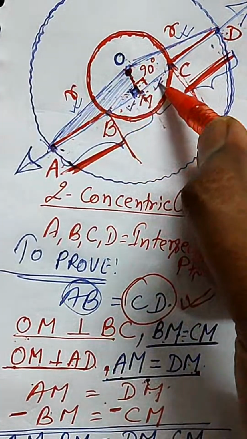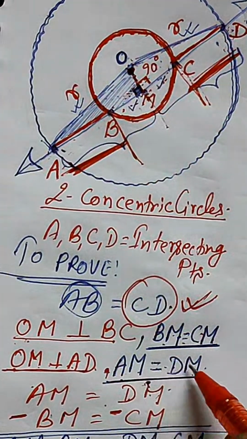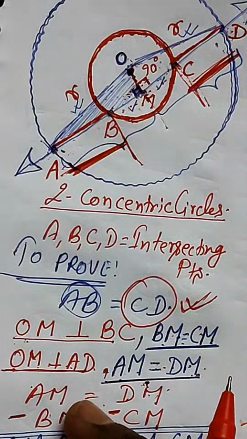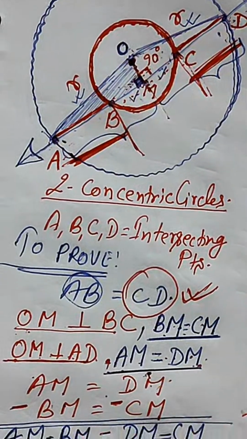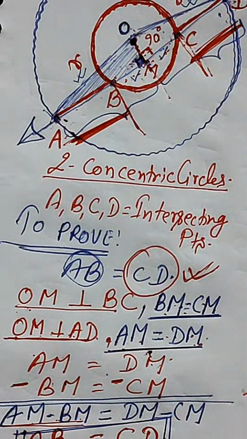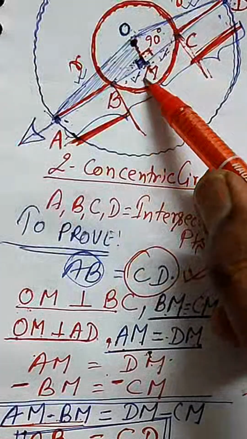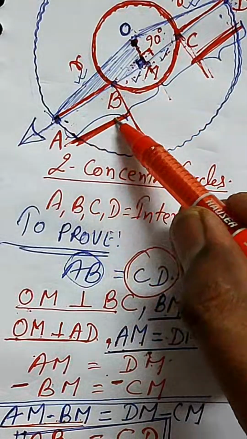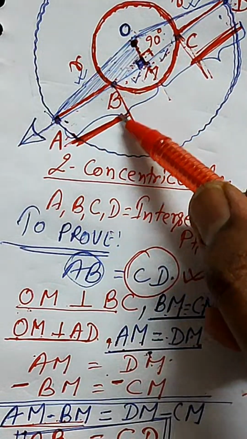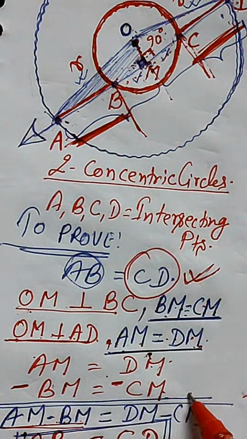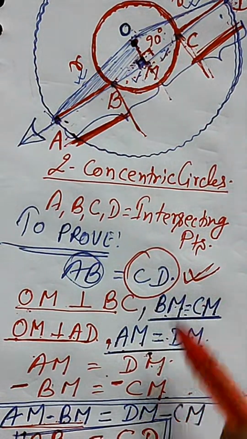Since BM equal to CM and AM equal to DM, just subtract the LHS and RHS. When you subtract it, you will get AM minus BM. So AM minus BM will leave you this section, which is AB, right? And DM minus CM will leave you the section CD.